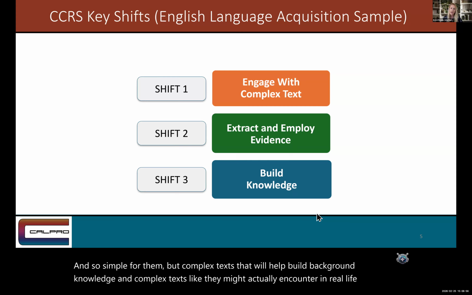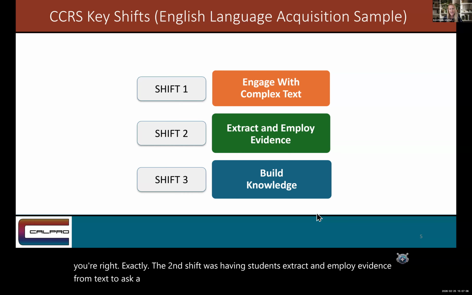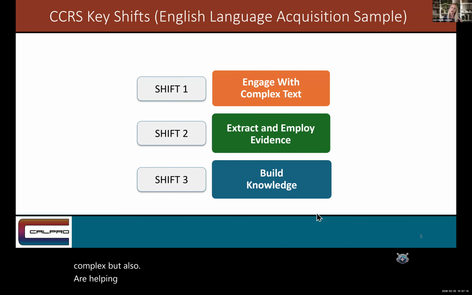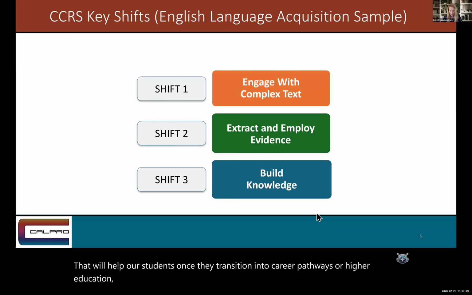The second shift was having students extract and employ evidence from text to ask a variety of different questions. And the texts that we use are complex, but also are helping build knowledge in different subject areas that will help our students once they transition into career pathways or higher education. So those are the three shifts. You got it. Great job.